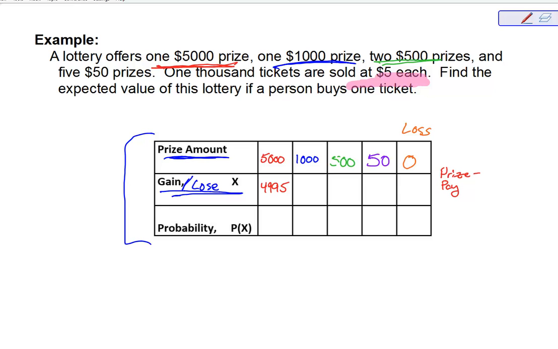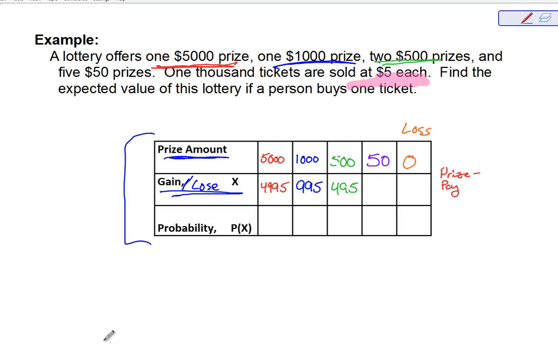For the $1,000 prize, I'm going to take $1,000 and subtract off the $5. So 1,000 minus 5 leaves me with $995 that I actually win or gain. Going to do the same thing with the $500. I actually only gain or win $495.